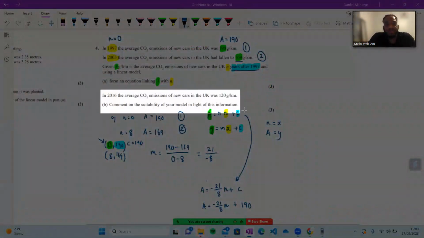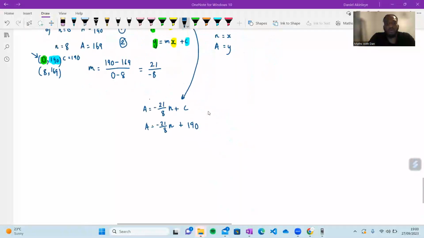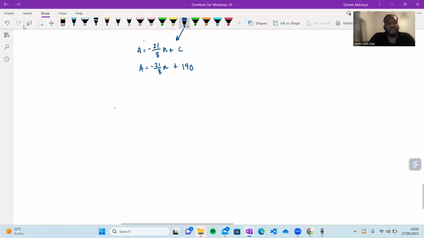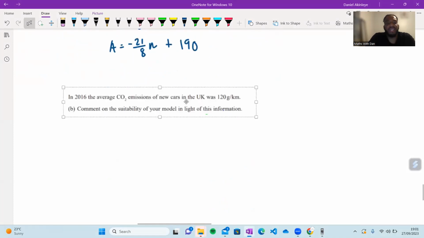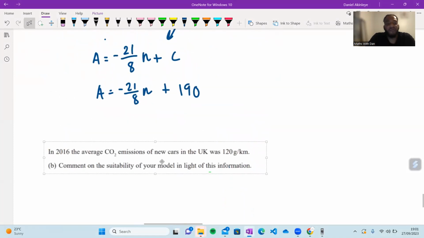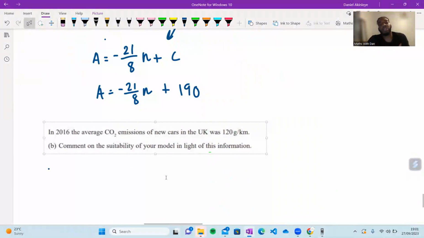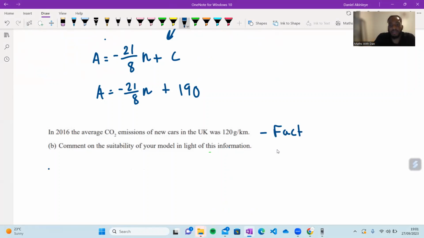So this is our model for the average CO2 emissions from the year 1997. It says in 2016, the average CO2 emissions of new cars in the UK was 120 grams per kilometer. Comment on the suitability of your model in light of this information. So we've got a factual statement here, and we have a model.